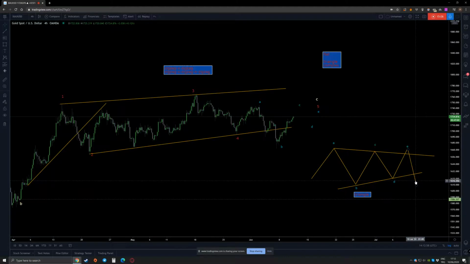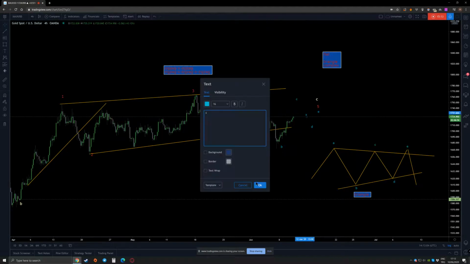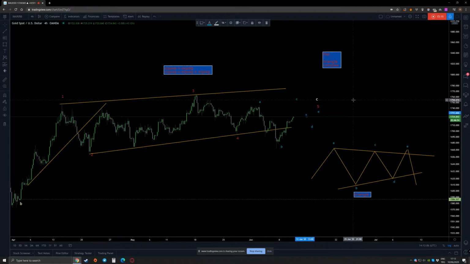So you would think for something like this, well, what if this really does this C and another X wave and a complex correction? If the market still needs time, then it will do exactly like this. So it can do ABC and X wave and ABCDE, and then this idea can happen.